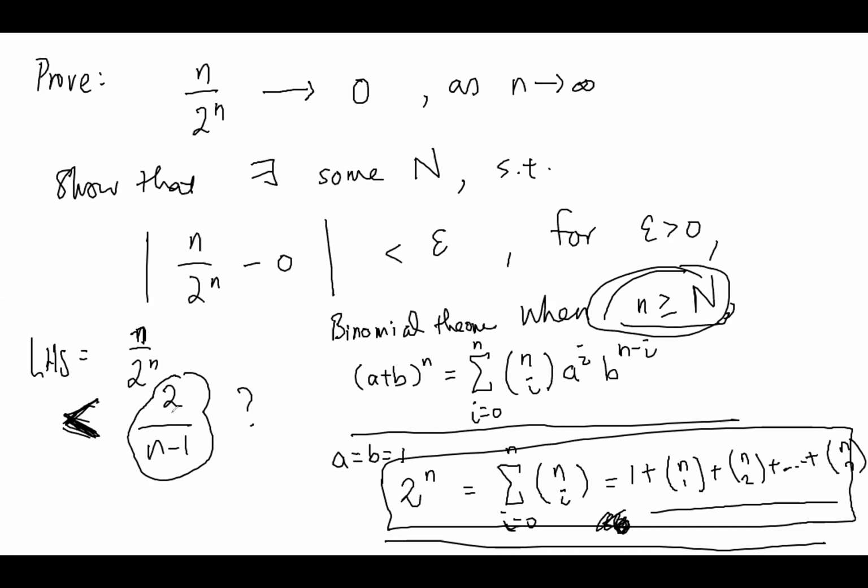Because whenever I put n, because 2 to the power of n, you wrote that will be up to n choose n, right? And it is bounded until 1.